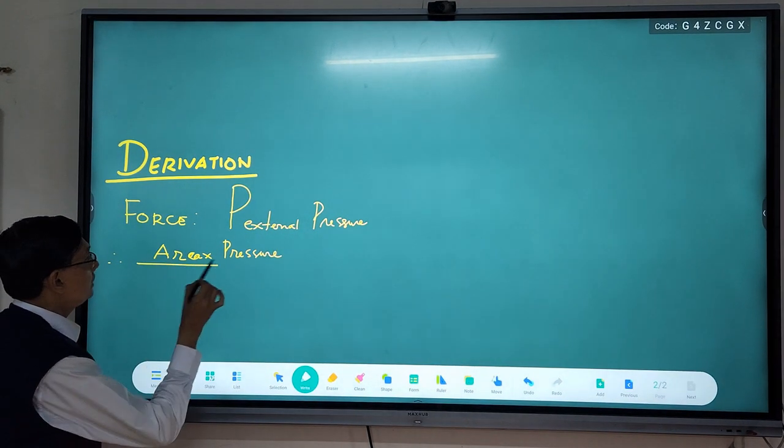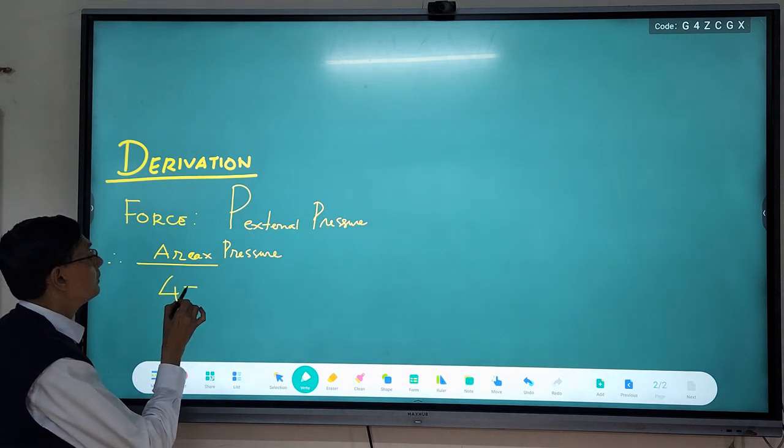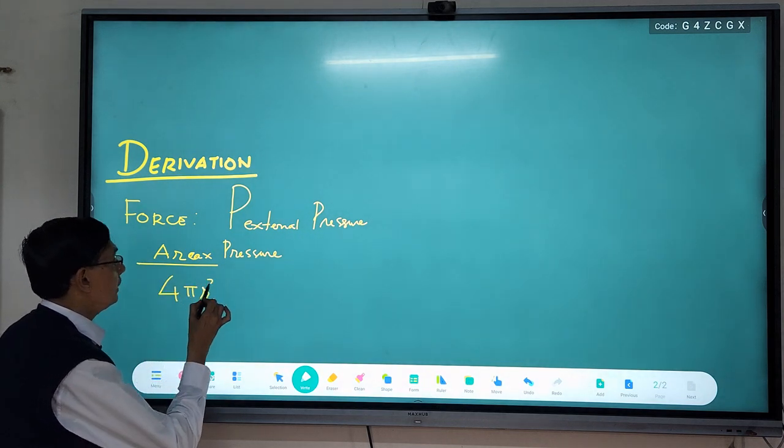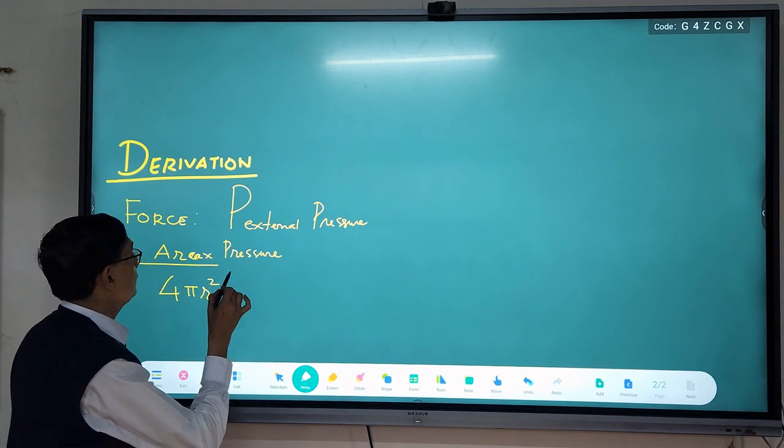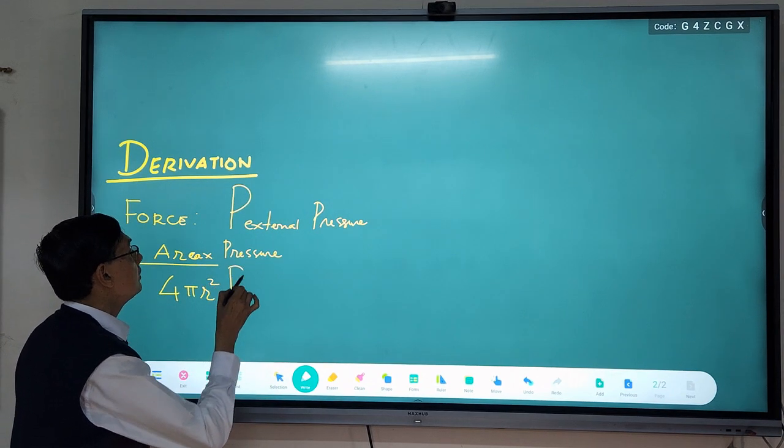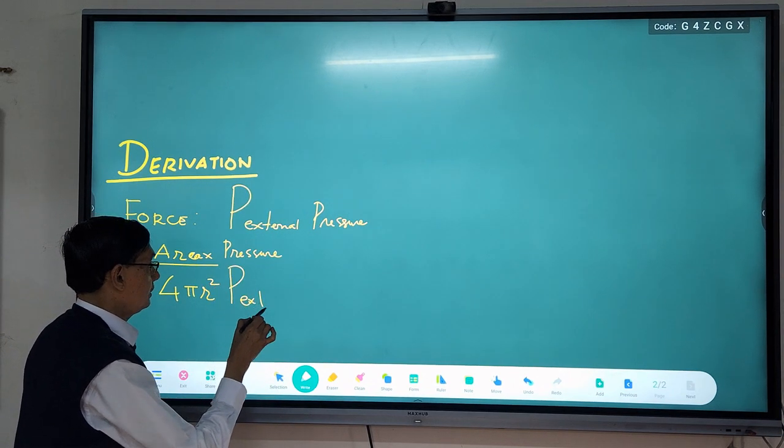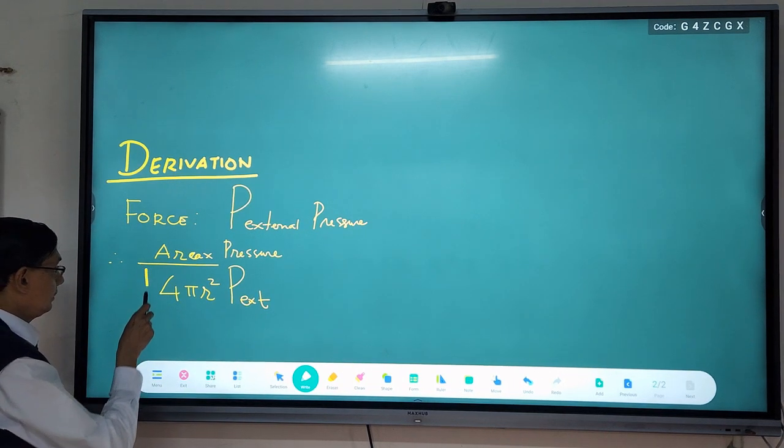So the area is 4 pi r square, and the external pressure is P external. So that is the first part.